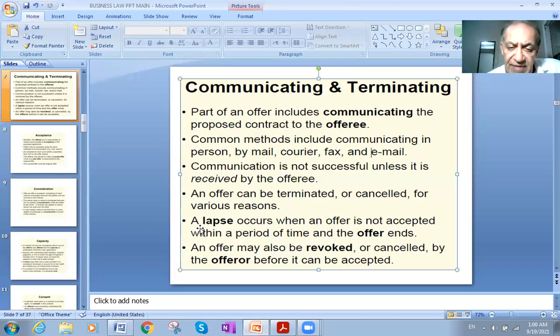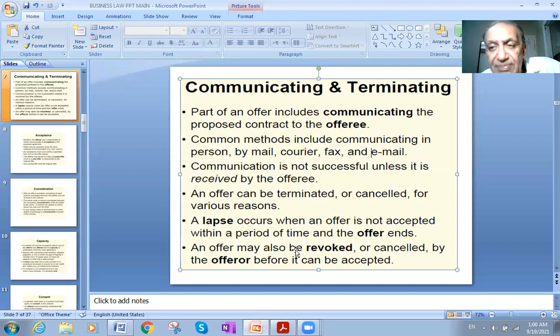A lapse occurs when an offer is not accepted within a period of time and the offer ends. So if I tell you, I will sell you this house with a 20% discount if you buy it within 10 days, then 10 days pass and I don't hear from you, this is a lapse.